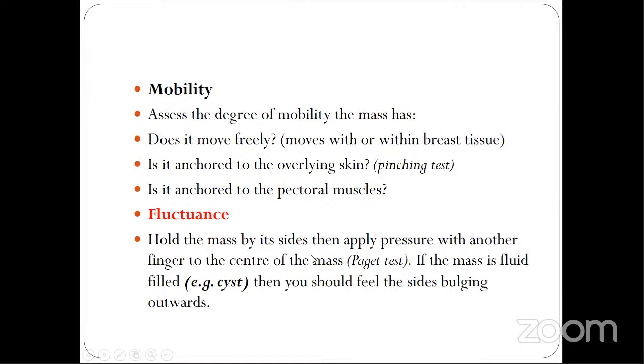Hold the mass by its side, then apply pressure with another finger to the center of the mass. It's called the Paget test. It may be a fluid cyst. Then you should feel the side bulging outward.